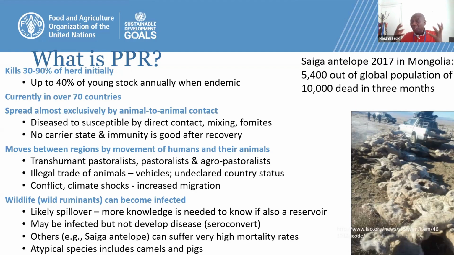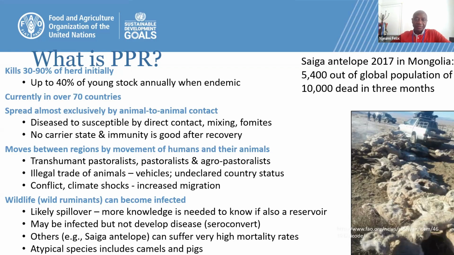It means that in terms of biodiversity, the saiga is a population that is almost close to extinction, but 60% of these animals died after the outbreak of PPR. Therefore, as I was saying, the first take-home message is its impact on biodiversity.